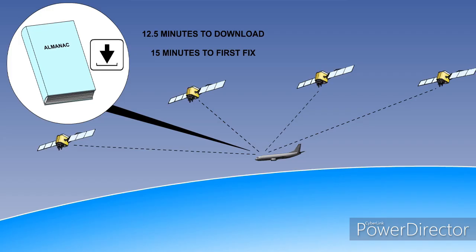This takes, at the least, a further 2.5 minutes. Hence, the time to first fix will be at least 15 minutes. If there are no problems, then the first fix, on initialization, will be obtained within about 30 seconds.